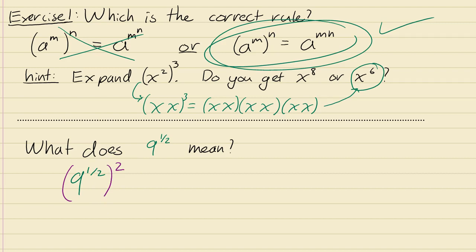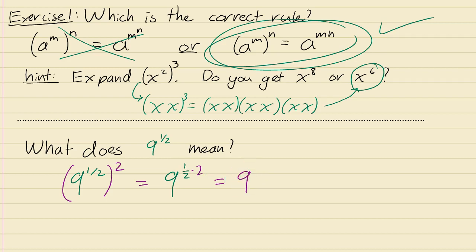If we're using this rule, what we'll get is 9 to the power 1/2 times 2. And you know that 1/2 times 2 is just 1. So that just gives you 9.